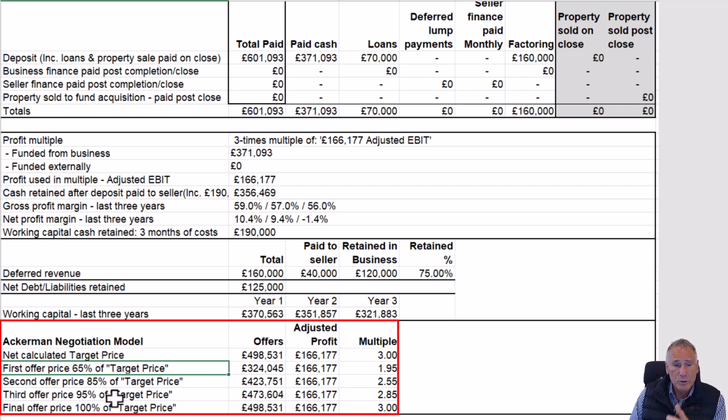You want to make sure that it's the owner that goes first on any negotiations of telling you what their target price is. Because if, for example, they came in lower than your calculated target price, then you're already ahead of the game. Now, in this case, we did have an asking price of £750,000, and more likely that was set by the business broker.